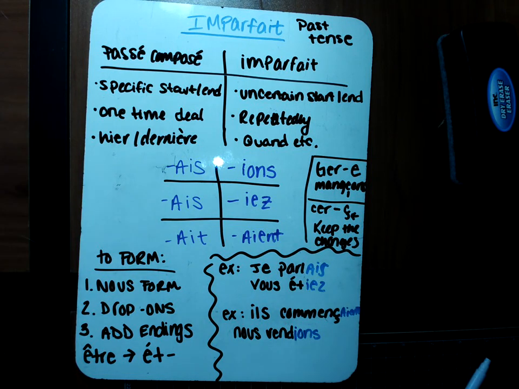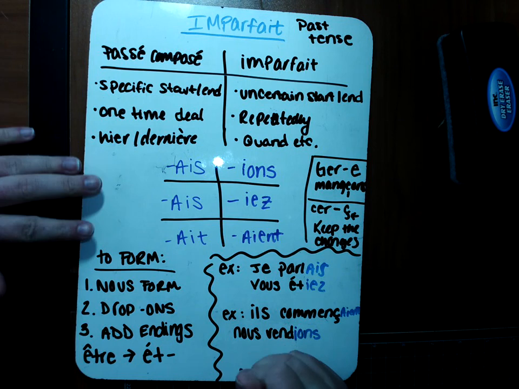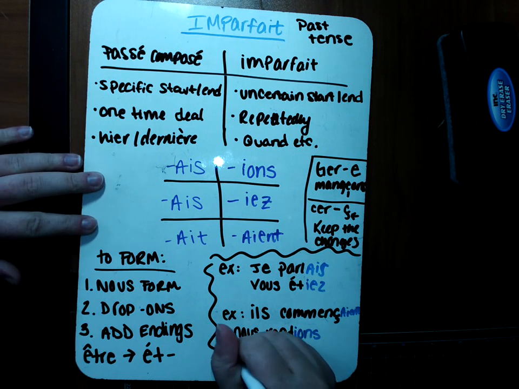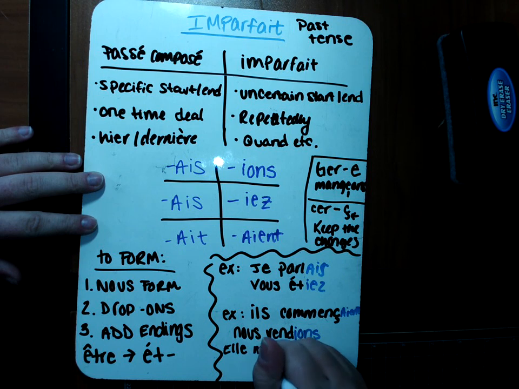So we could say that we had sold something multiple times, like we were selling apples on the side of the street. All right, let's do one more example. Let's do one with manger in it, just so that we've got that example. Let's do elle, so she, and we're going to write manger.